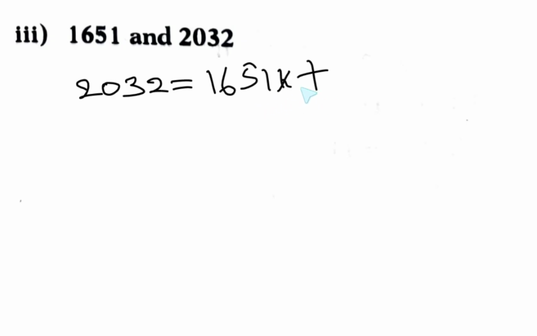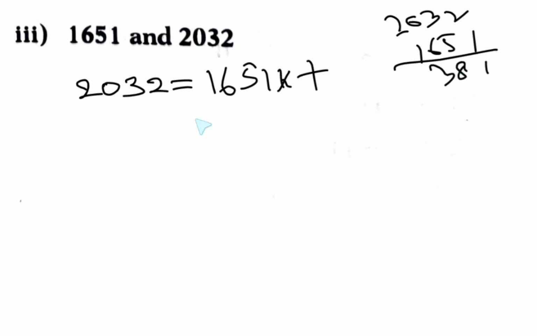So we can write 2032 is equal to 1651 into 1 time plus 2032 minus 1651, that is 381, the remainder. The remainder is not equal to 0, and continue the same again.